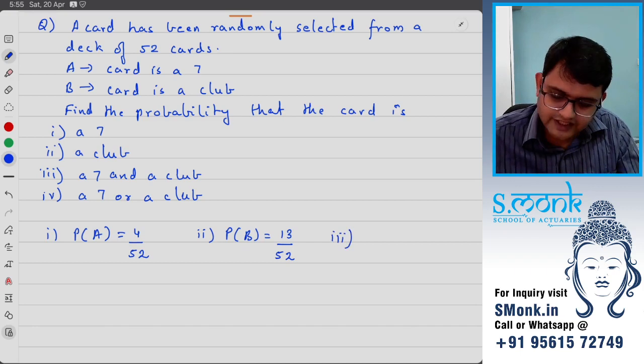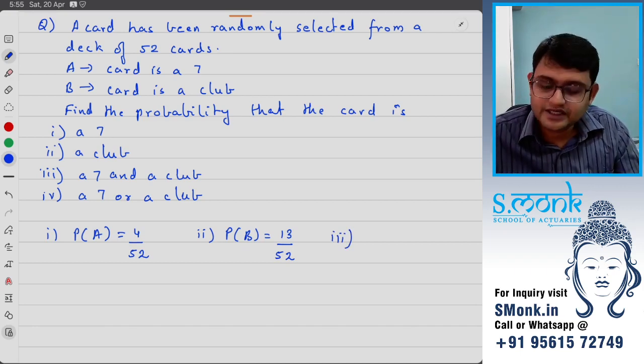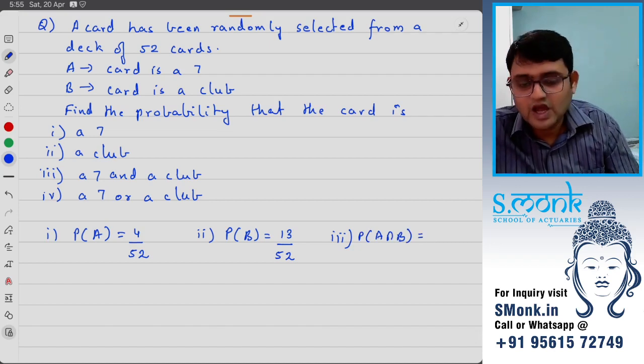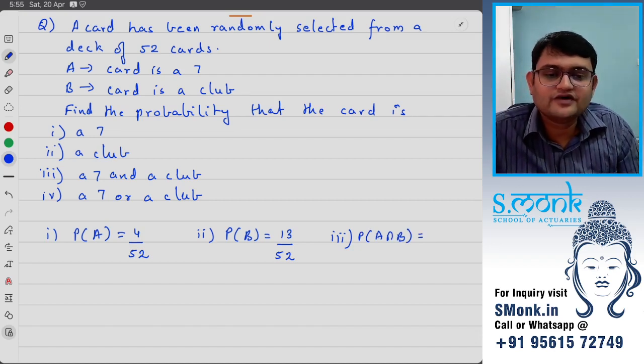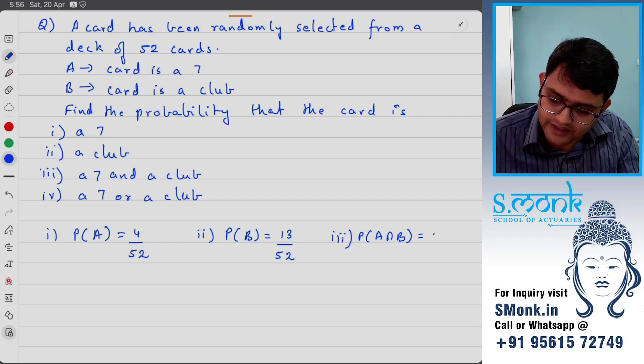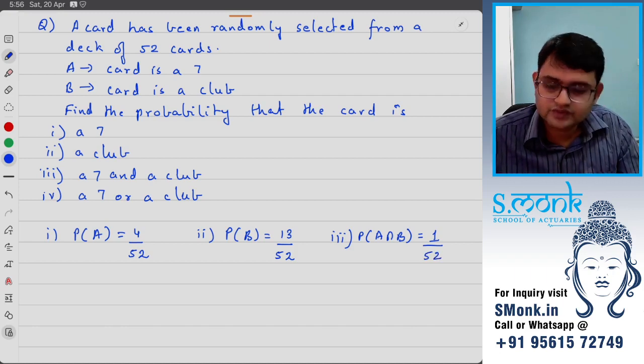Third, when I say it is a 7 and a club, we are talking about intersection. So I'll say probability of A intersection B. How many cards do we have which is a 7 and a club? Only one card, so 1 by 52.